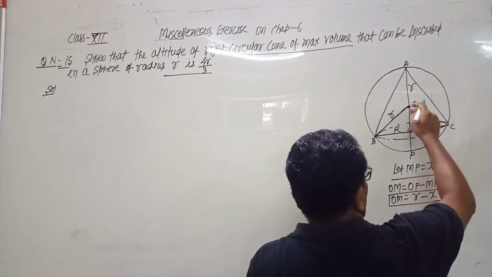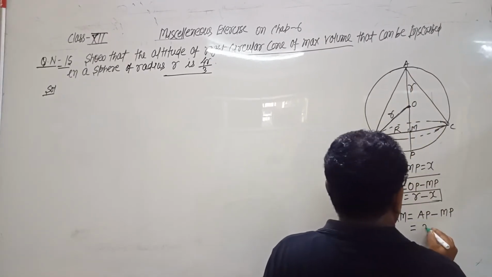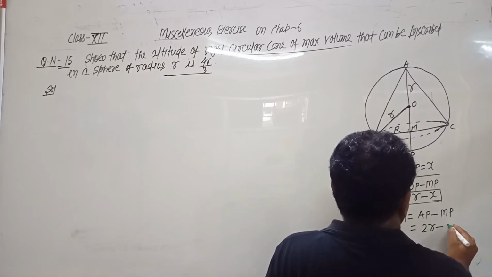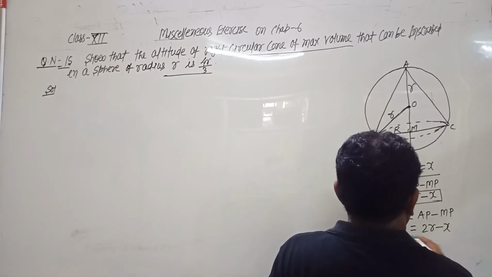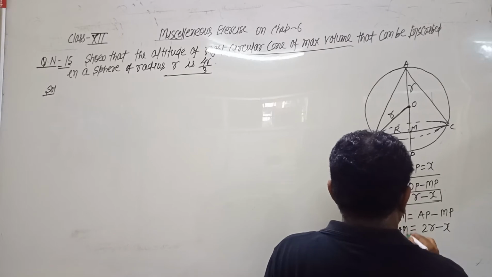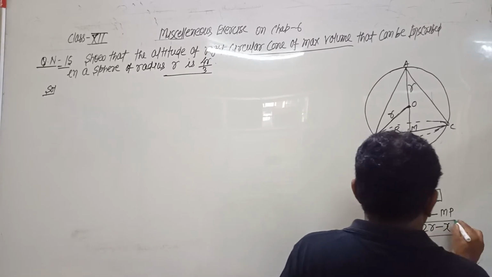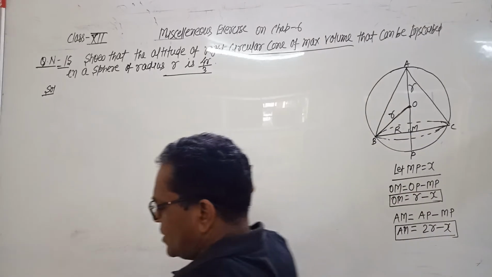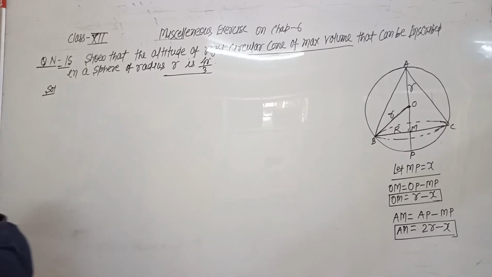And MP is x. So the height of the right circular cone is 2r minus x.